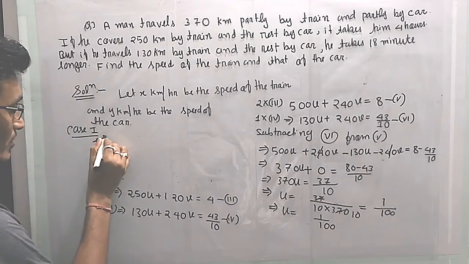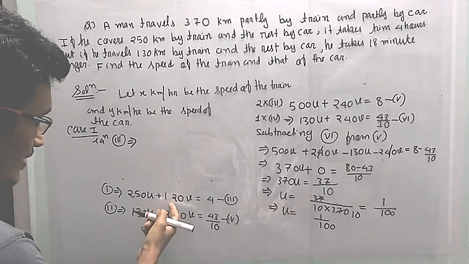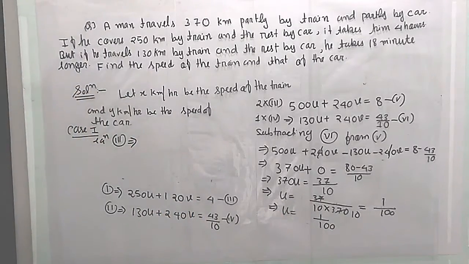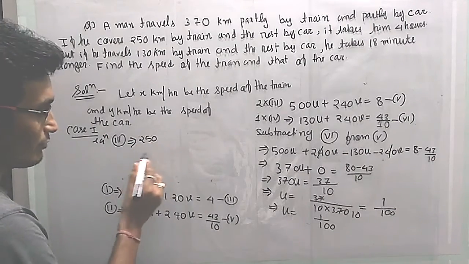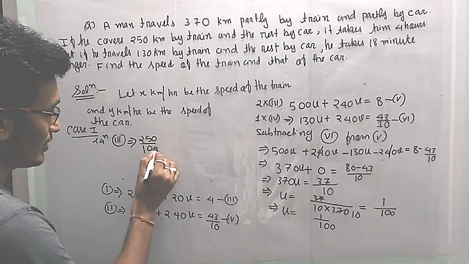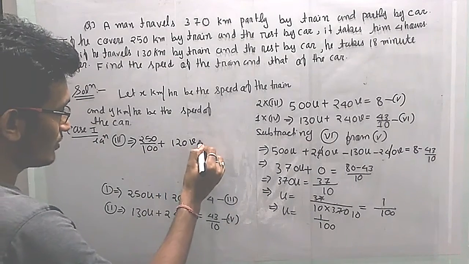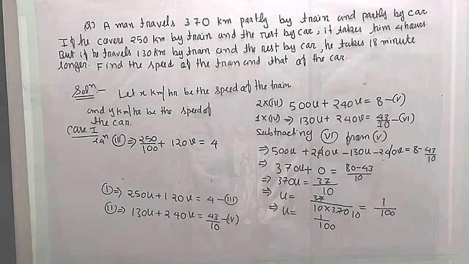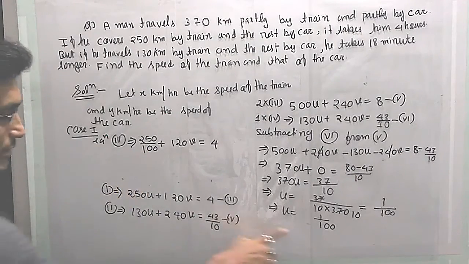Now equation 3 implies, in equation 3 we should substitute the value of u. So it is 250u. 250u means 250 by 100, plus 120v equals 4. 250 by 100, because u means 1 by 100.